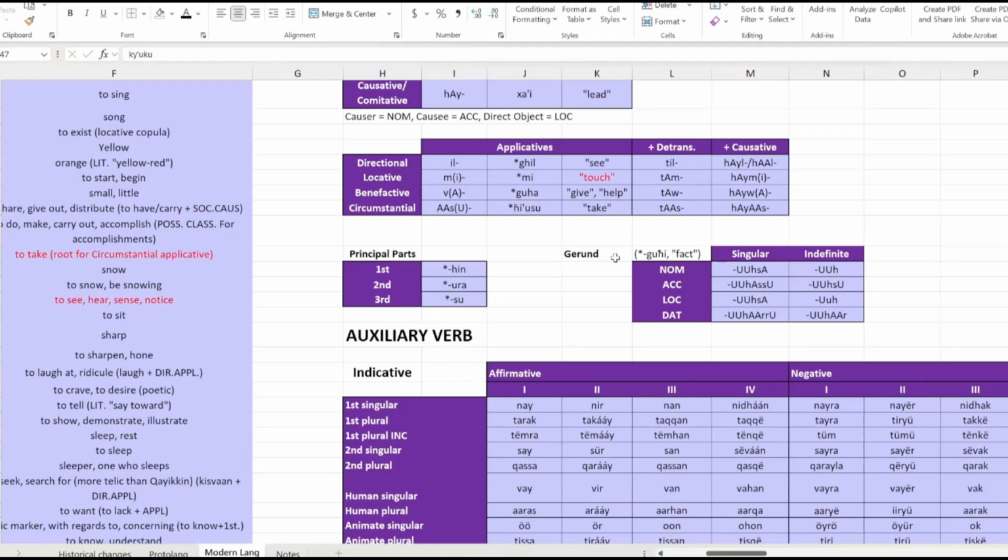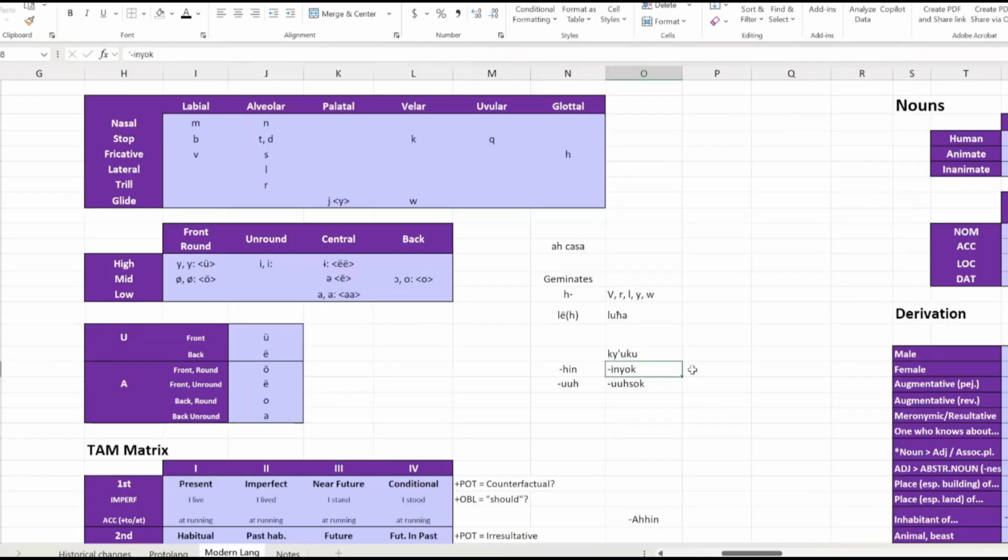Whereas if we say this particular converb happened to evolve later on in history, after the point that was no longer really an option, you had to nominalize the verb stem first, the gerund is probably the way that you would do that. So if we went with the first principal part, that would come out as something like inyuk, because the coda N would assimilate to the palatal, and that would stop the palatal from turning into an S, because the palatal goes to a y after vowels unless it's bordering a consonant that is not palatal.